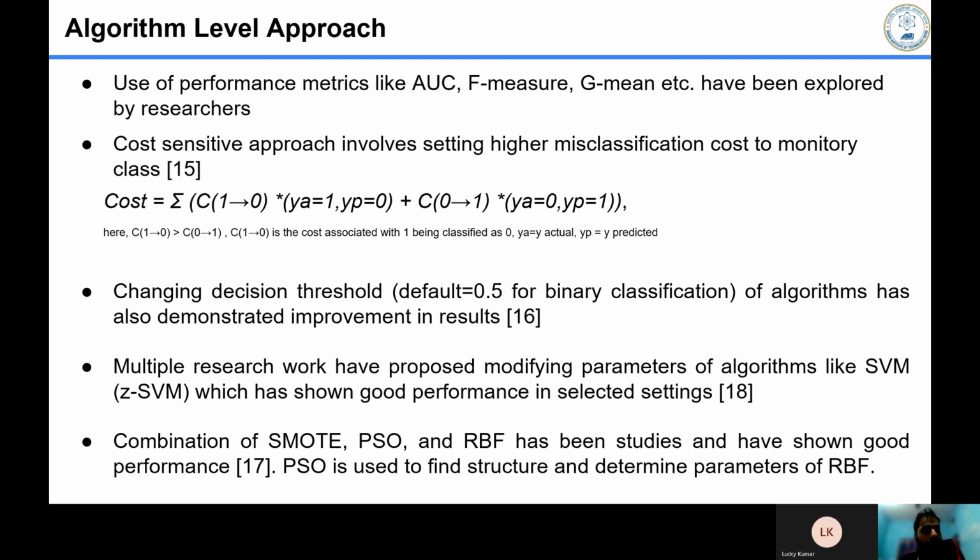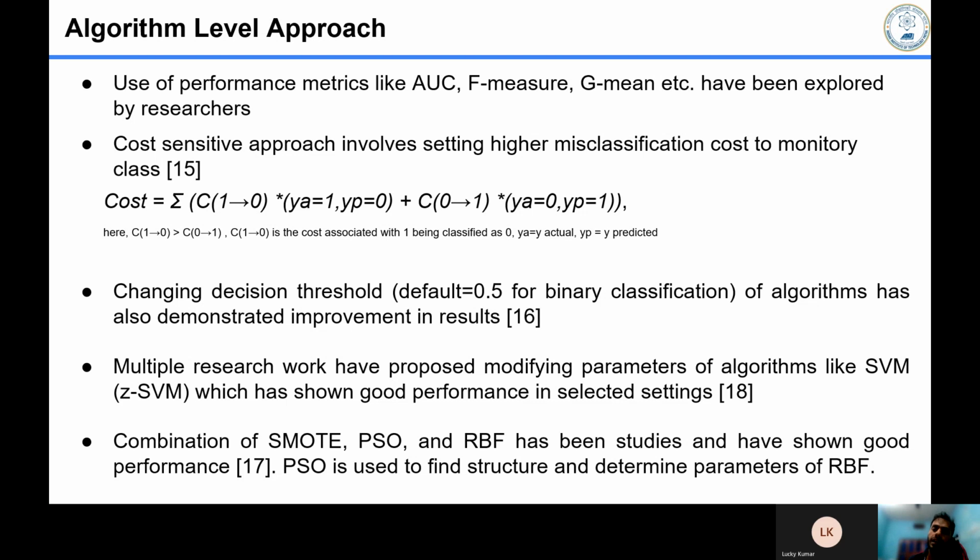The other approach which has been explored by researchers is changing the decision threshold itself. Let's say you are building a binary classification use case, in that case the default probability threshold is 0.5. What I mean is, the model produces a probability output, that is the probability of occurrence of the event.